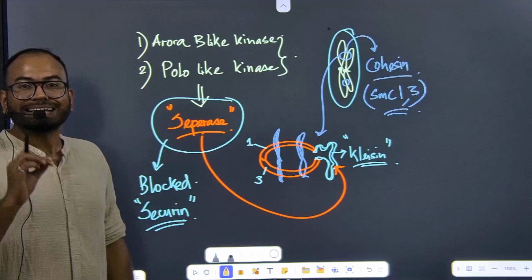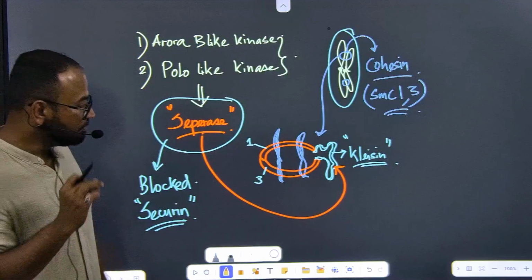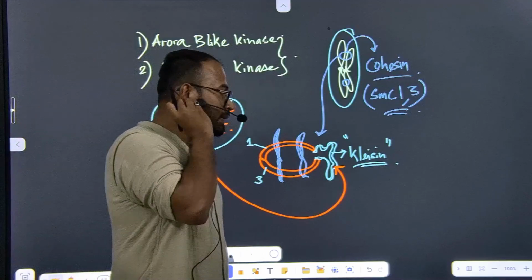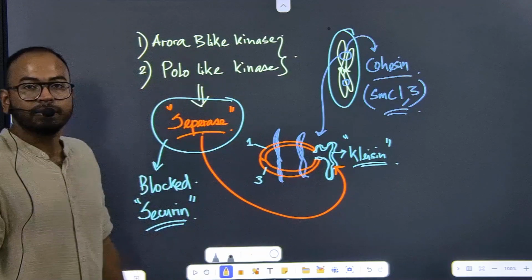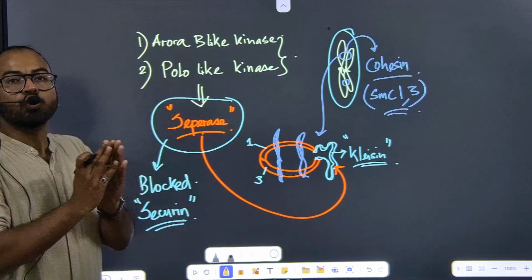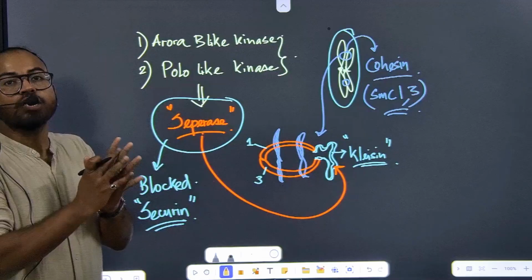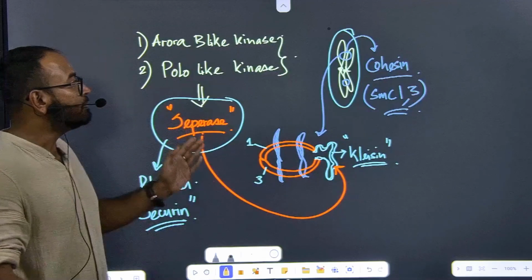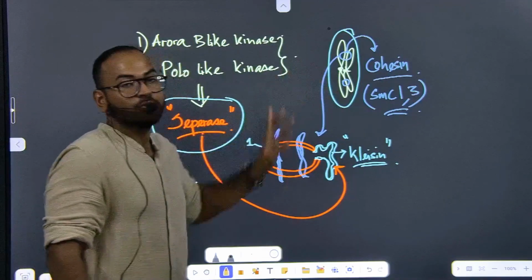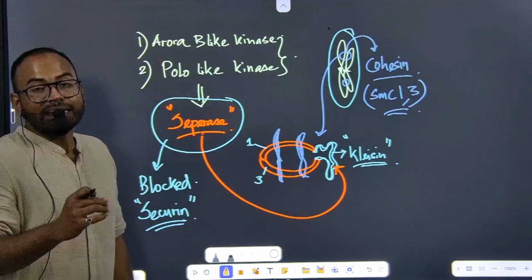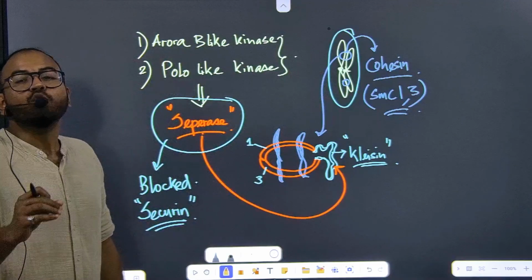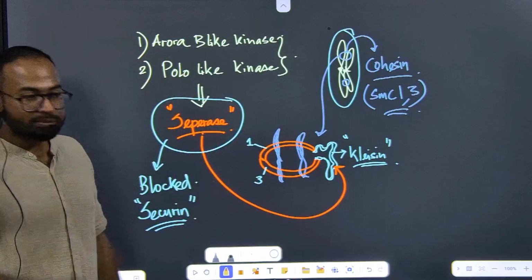And if separase is blocked, then glycine cannot be cleaved, and hence the chromatids cannot be separated from each other. As a result, anaphasic movement won't take place.